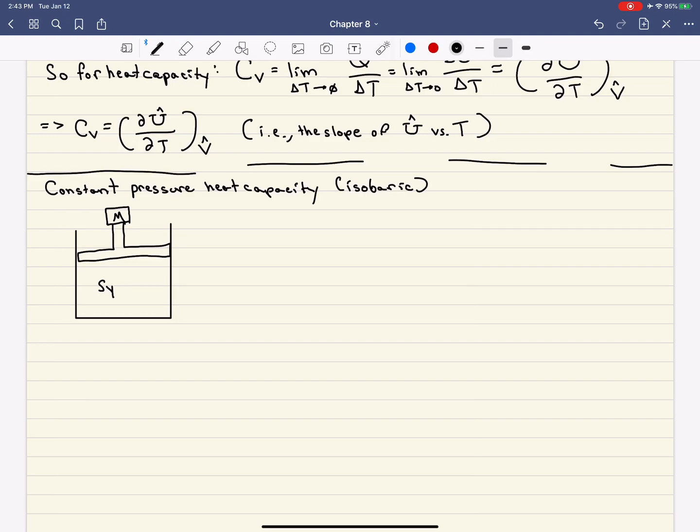So that, if you remember from all our force balance examples, this would mean that there's some sort of force acting down on the piston. So this is going to maintain a constant pressure for our system, right? So constant P, because it's controlled by the force balance now.